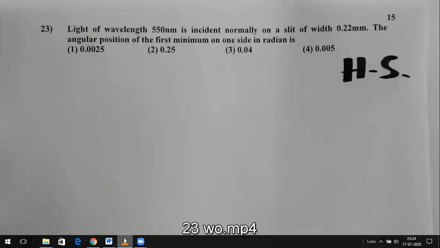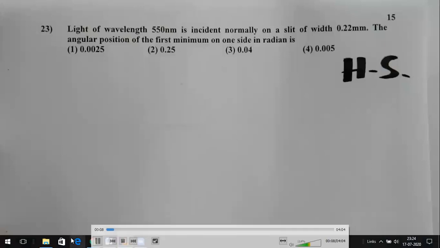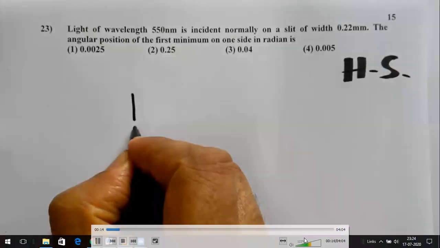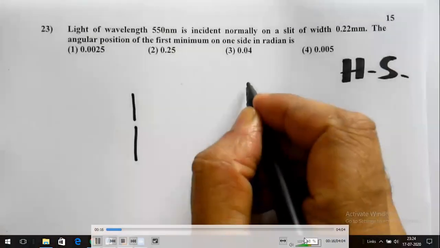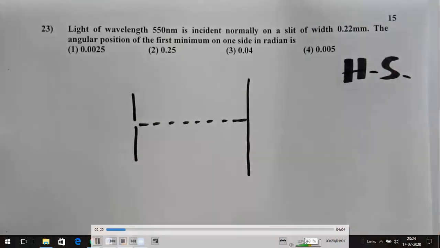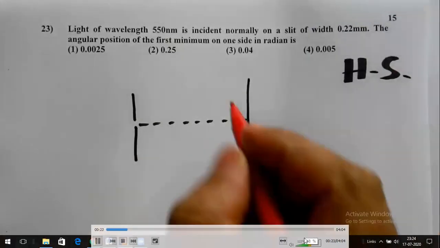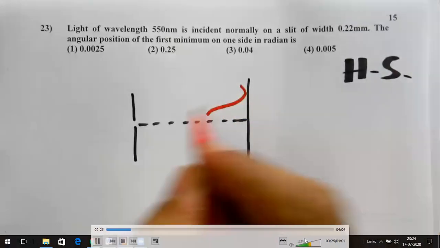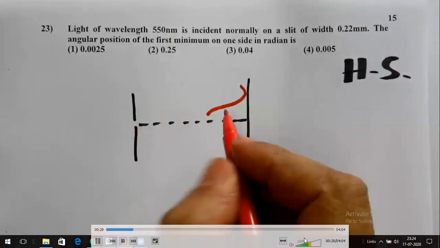Light of wavelength 550 nanometer is incident normally on a slit of width 0.2 millimeter. The angular position of the first minimum on one side in radians is. Now, if you visualize the single slit diffraction, if this is the screen, at the vertically opposite point, you will get the brightest region, and the brightness goes on decreasing as you move away from the vertically opposite point to the slit.